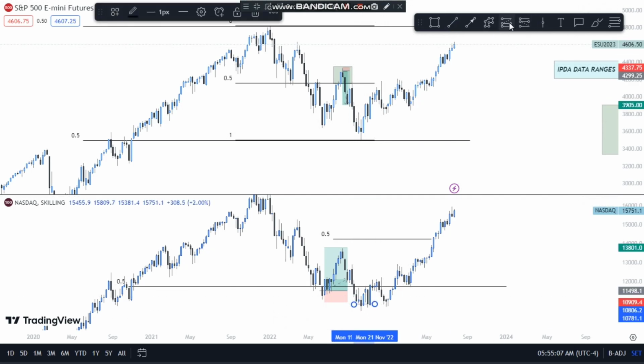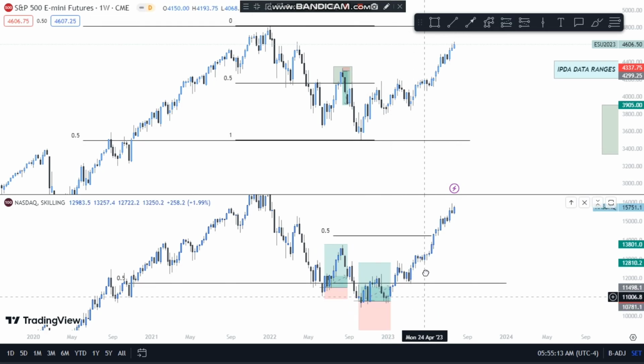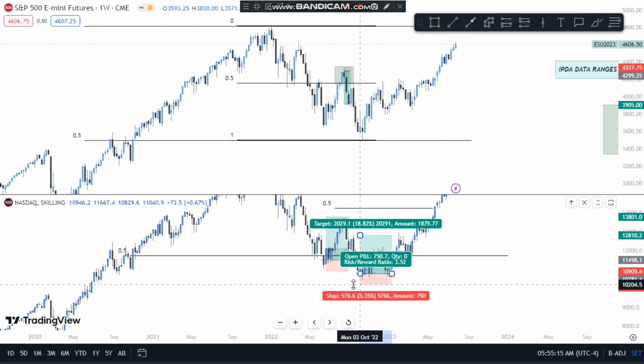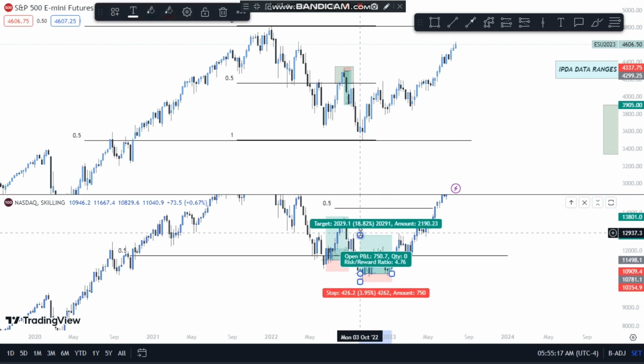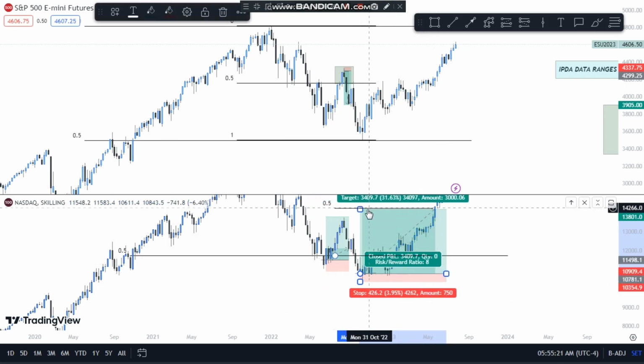Your stop loss will be below it, and again you can see that you got a pullback, but you are good to go. We are good to go to this 0.5 fib level again. Okay, here you can see that it swept this level and Nasdaq didn't, so you got this pullback.